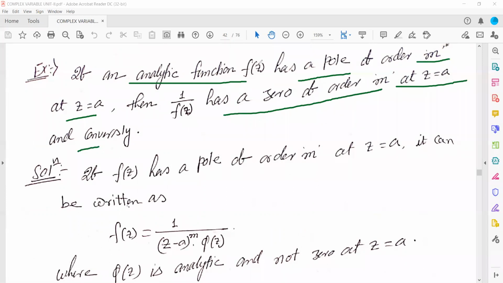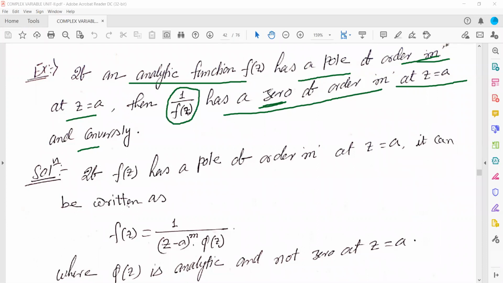That means if you have an analytic function f(z) with a pole of order m, and you take the inverse of that function, then the point which is the pole, the singularity, will become the zero of 1 upon f(z).